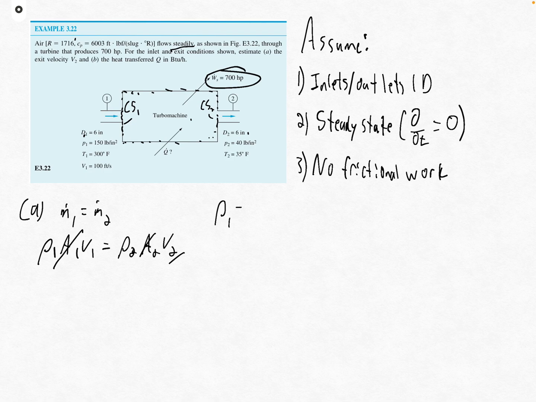So we're going to say rho 1 is equal to P1 over R T1. We start plugging in our values.